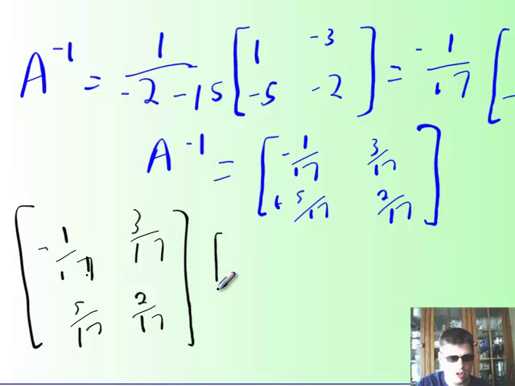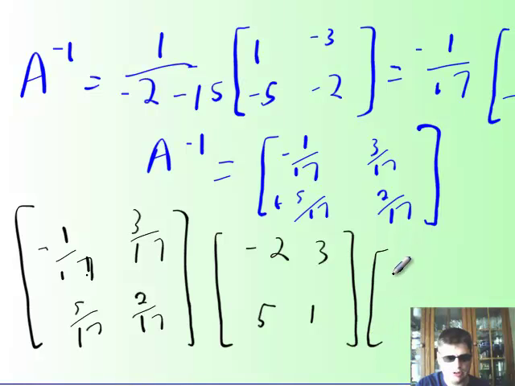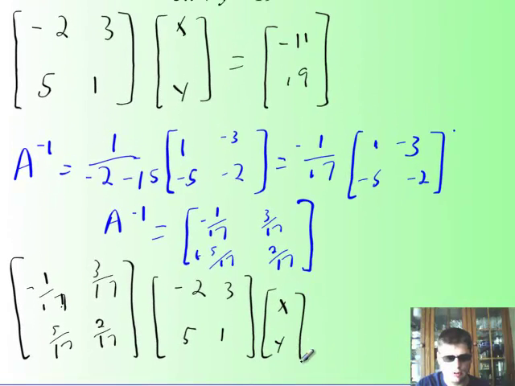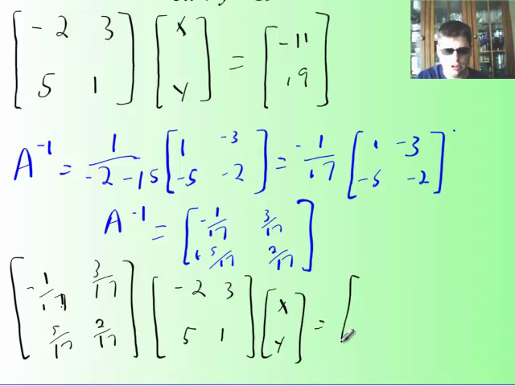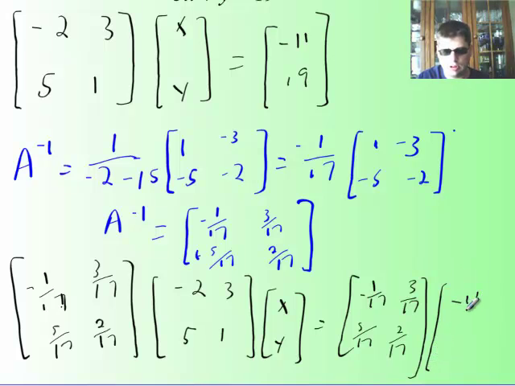Okay, and then times our next matrix, A, times matrix X equals inverse of A times matrix B. So inverse of A and then B, which is just -11 and 19.